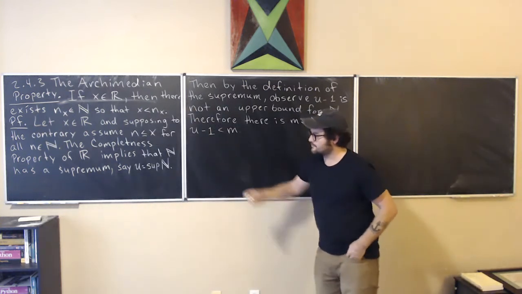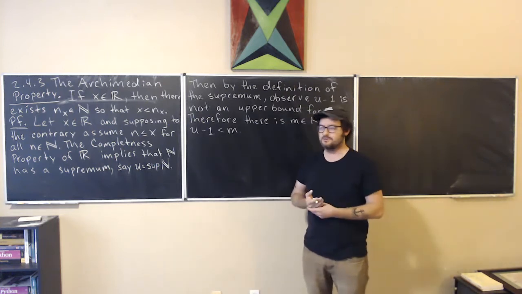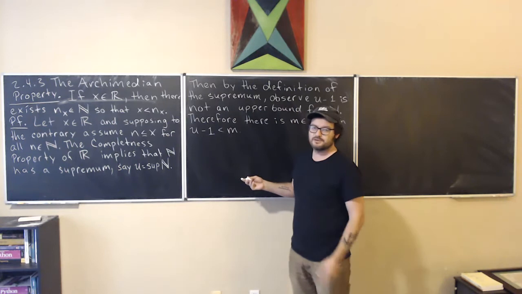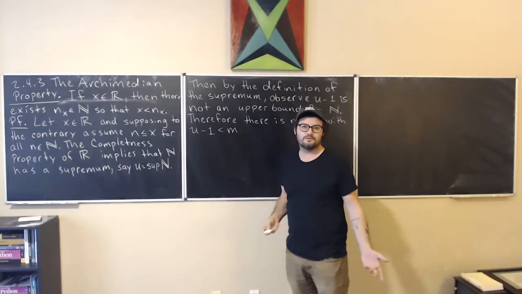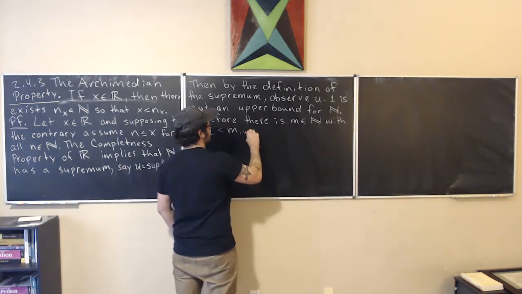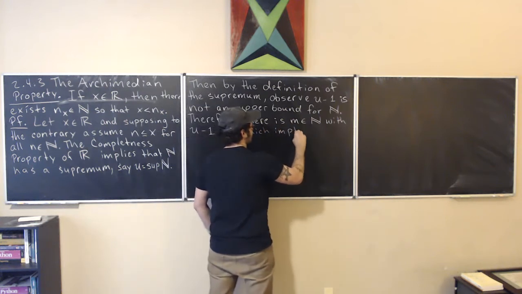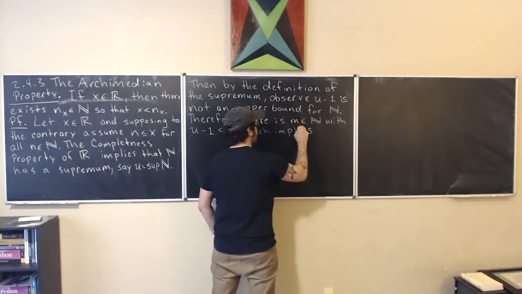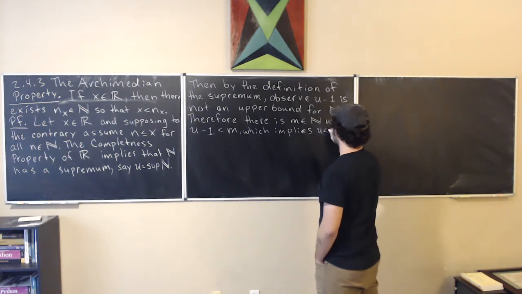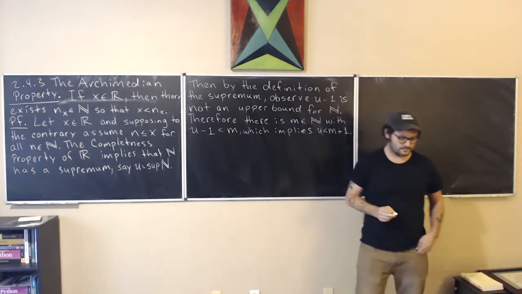Since U is the supremum of the naturals, subtracting any number from that supremum is not going to be an upper bound for the set of naturals anymore. So that means that there is some natural number M that's larger than if you subtract 1 off of U. But this implies that U is strictly less than M plus 1. Okay.